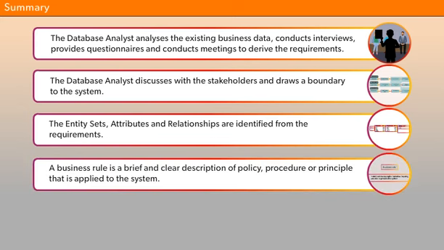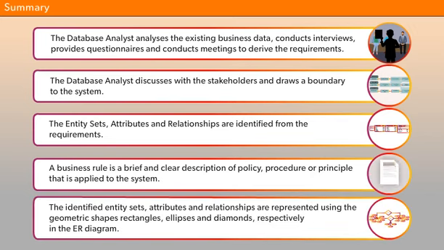He applies the business rules, which are brief and have clear descriptions of the policies, procedures, or principles of the system. Finally, he draws the ER diagram based on the identified entity sets, attributes, and relationships. Following these steps enables you to draw an effective ER diagram for any system.